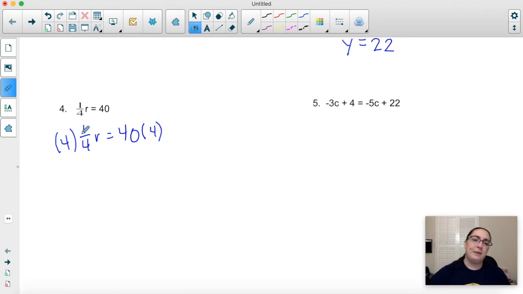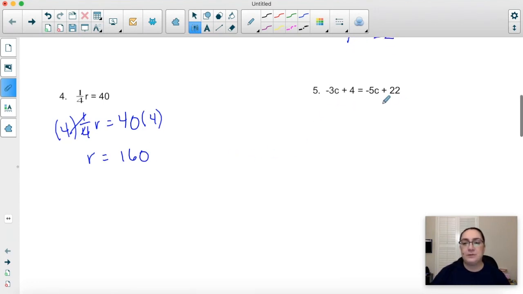What ends up happening here is when you do 4 times 1/4, you end up with 4 over 4, which is 1. And remember I told you 1 is invisible in front of the r, so we don't have to put 1. So these cancel out, and r is alone. And then we're going to go ahead and multiply 40 times 4, which is 160. There you go.